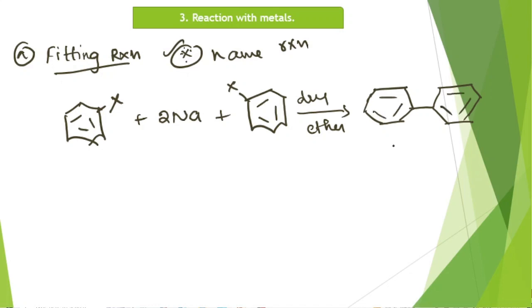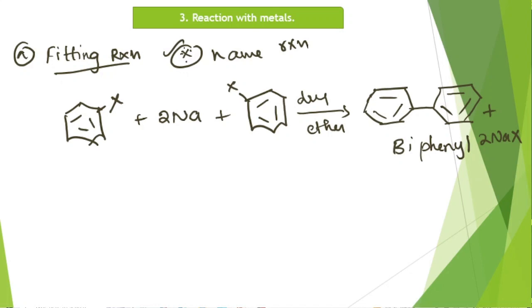Something like this it will be. This is called biphenyl, with 2NaX liberated. I'll write that clearly. So with the liberation of 2NaX. Clear? Okay. Now let's move to the next reaction.